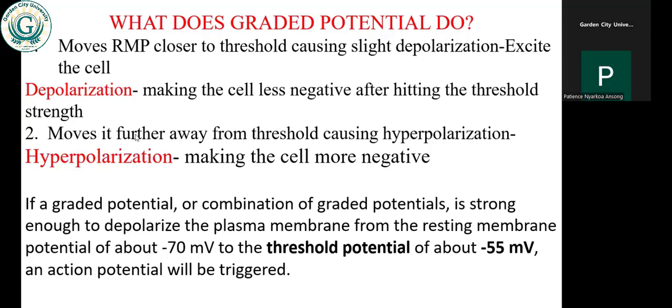Then when you move the membrane potential to a more negative value, we say the cell is hyperpolarized. So if a graded potential or combination of graded potentials is strong enough to depolarize the plasma membrane from the resting potential to a threshold, which is about -55 millivolts, an action potential is generated.